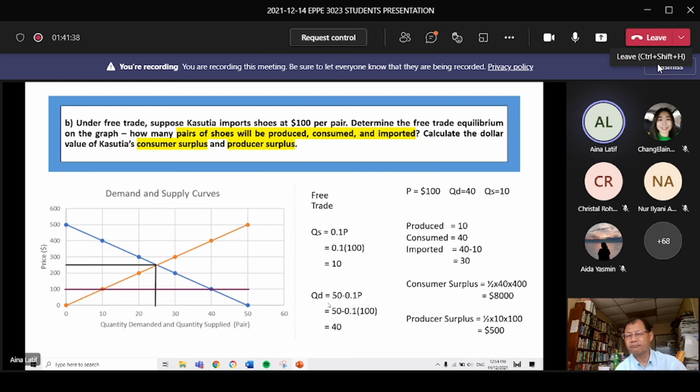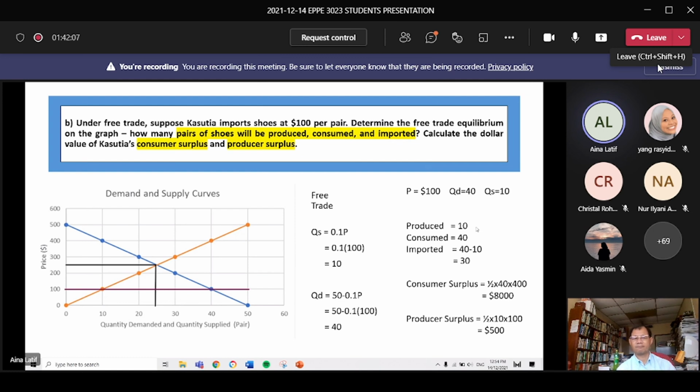For QD, 50 minus 0.1p times 100, we get 40. So the quantity produced is the quantity supplied, which is 10 pairs, consumed is the quantity demanded, which is 40 pairs, and imported is 40 minus 10 equals 30.